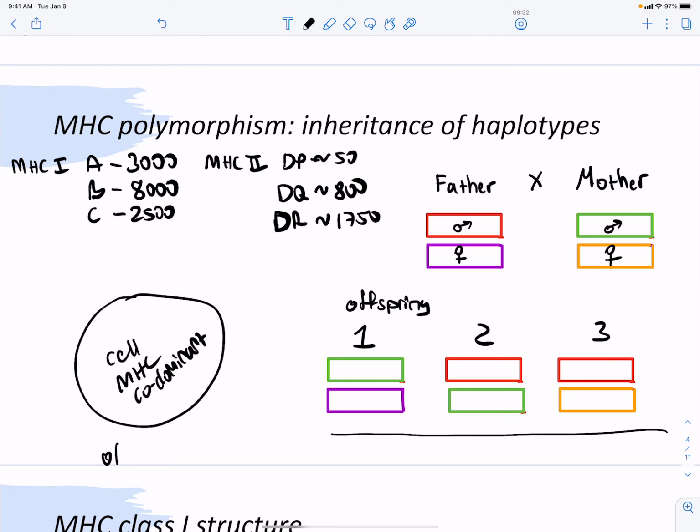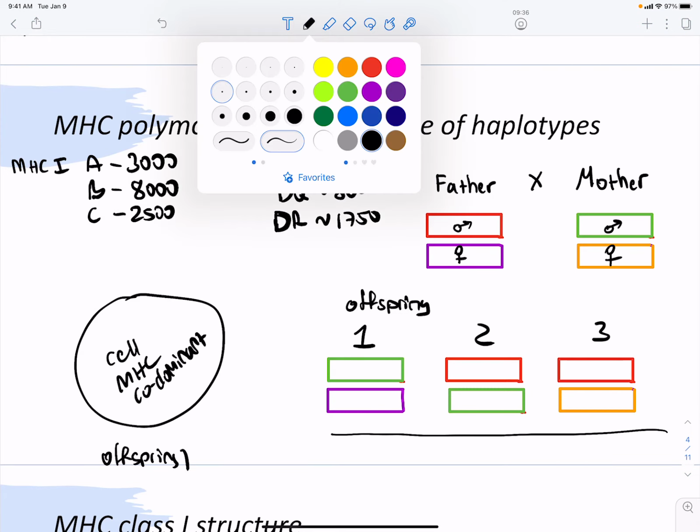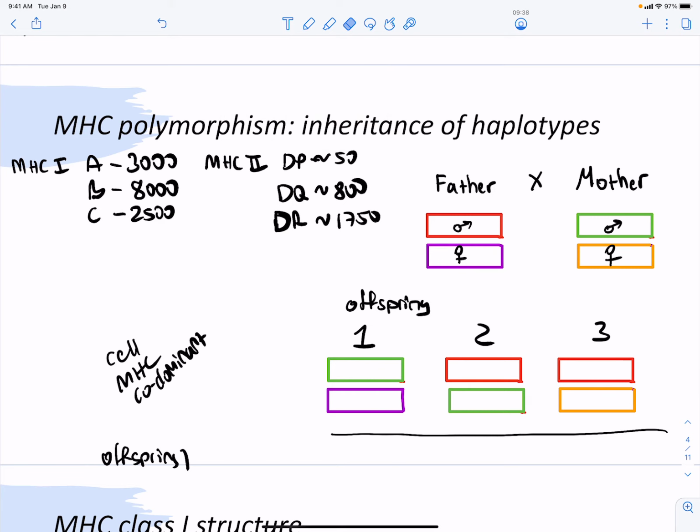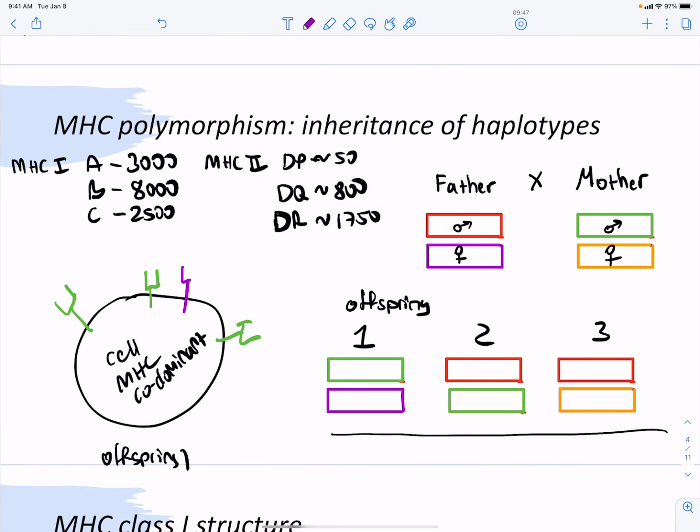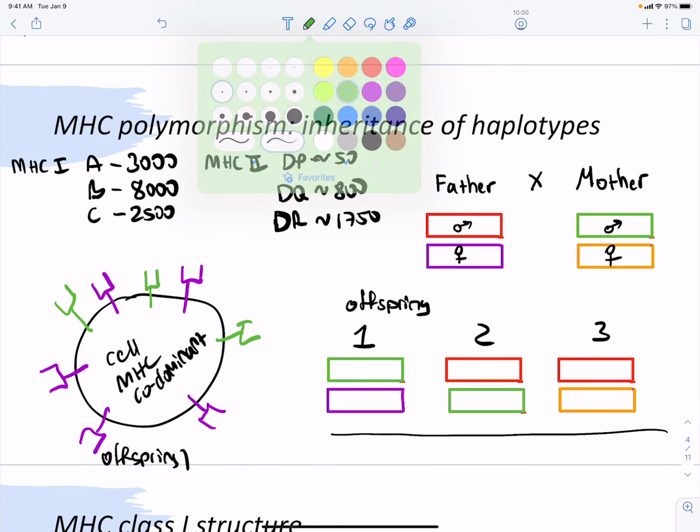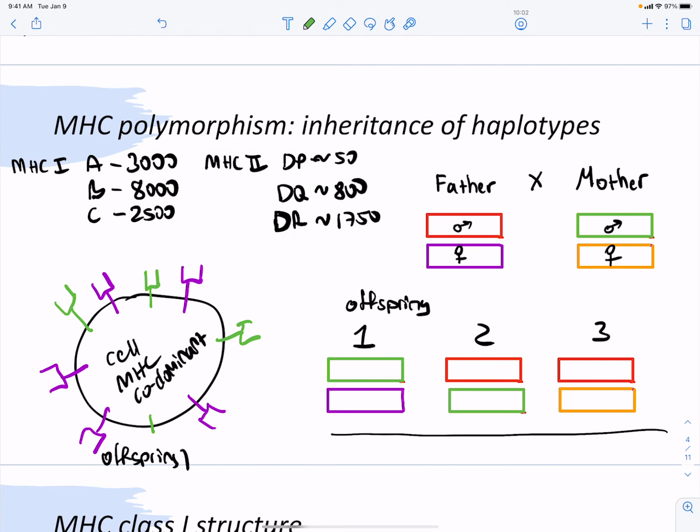if you have offspring 1, on their surface, for example, they're going to have both green and purple MHC alleles on every nucleated cell. And so this means if they had to get a tissue transplant, if they got a tissue from any of their siblings, it would be rejected because they're not a perfect match.